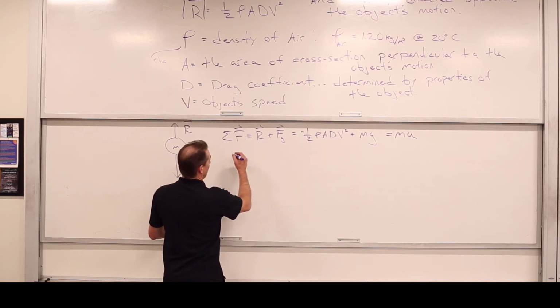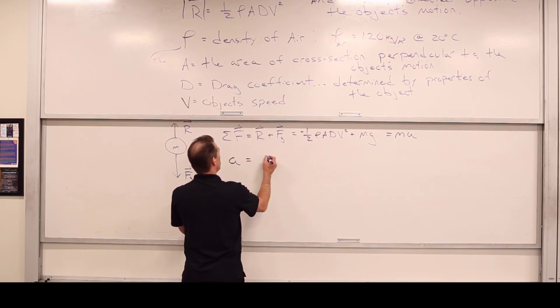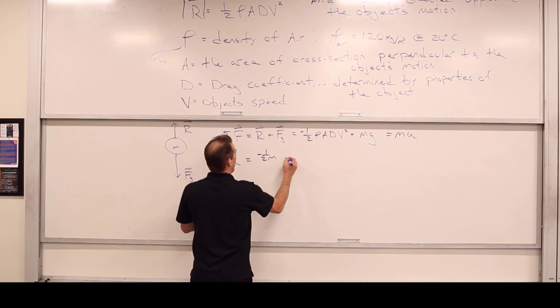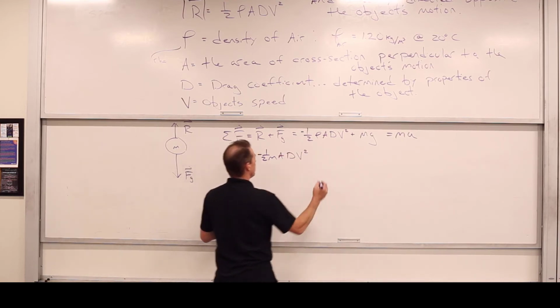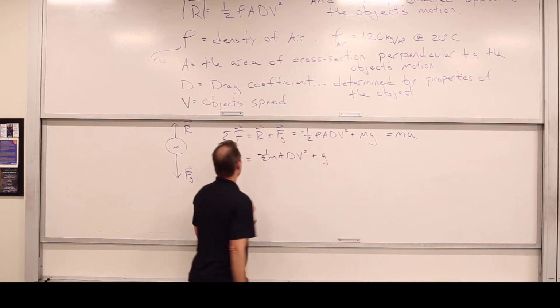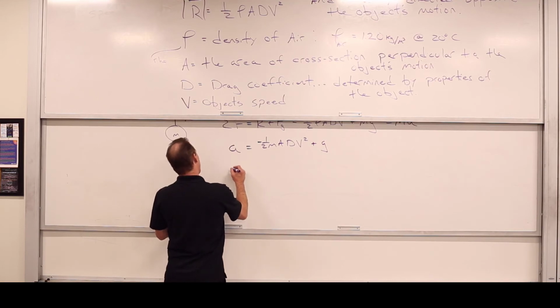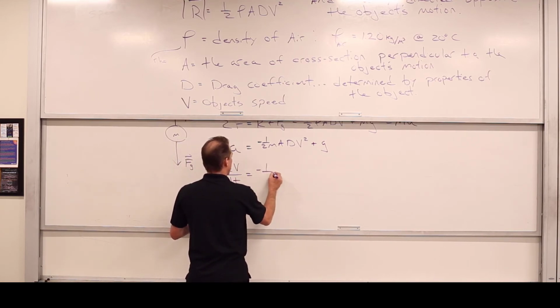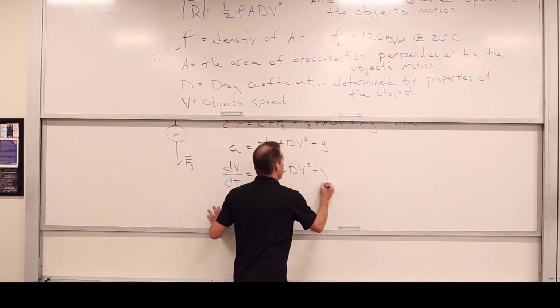So when we start looking at this, we run into some problems, because we can write this all out and say that a is equal to negative 1/2m rho A d v squared plus g. And a is the same as dv by dt, so dv/dt equals negative 1/2m rho A d v squared plus g.